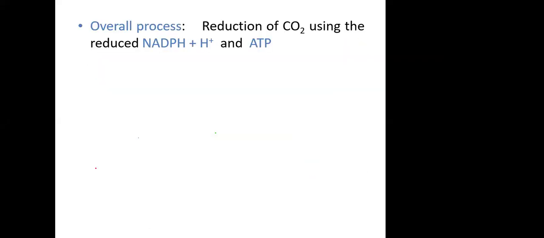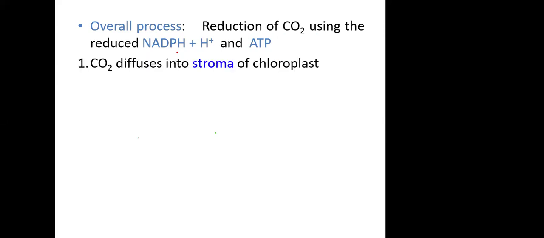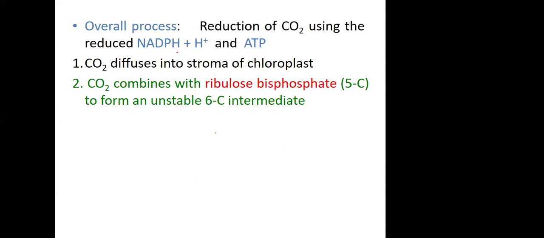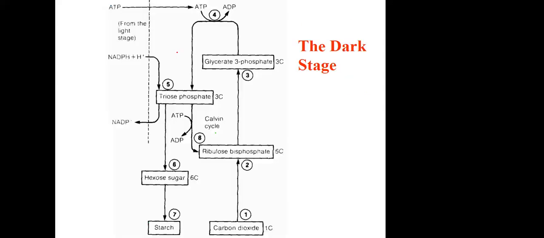Okay. So the overall process is like this: the reduction of carbon dioxide using reduced NADP and ATP. Carbon dioxide diffuses to the stroma of the chloroplast. Then carbon dioxide combines with ribulose bisphosphate to form an unstable 6 carbon compound.